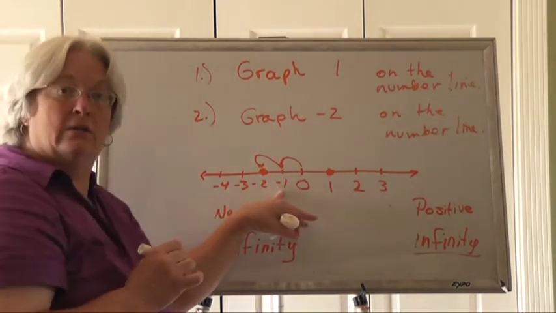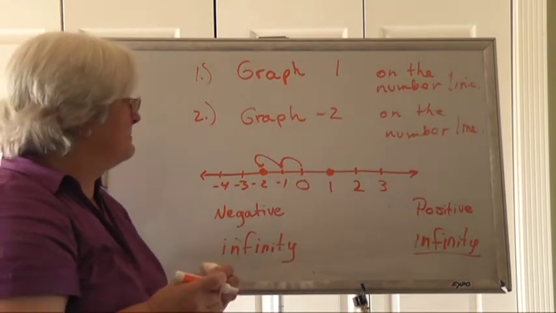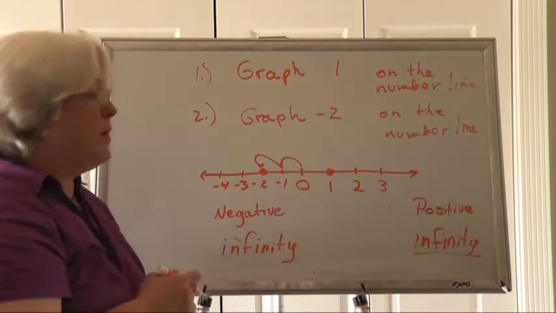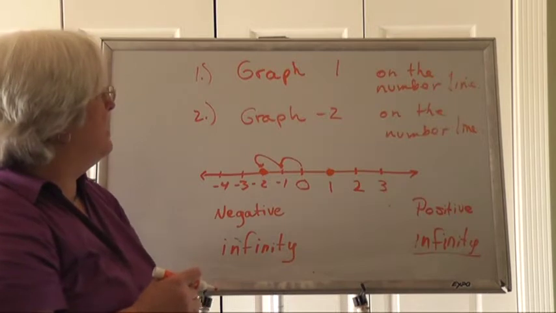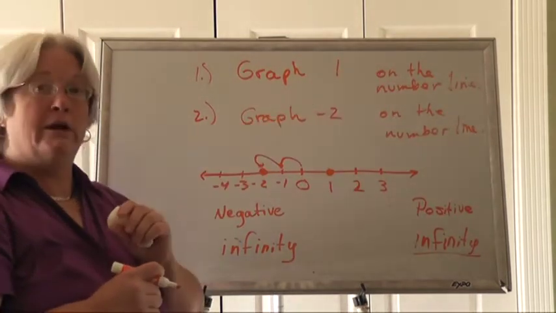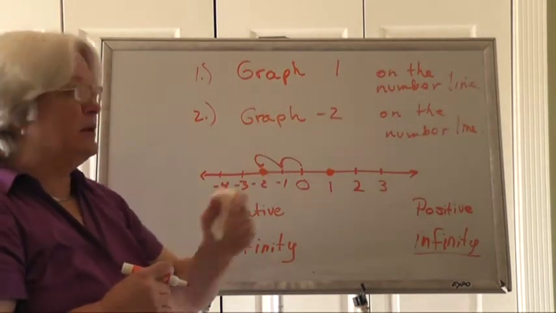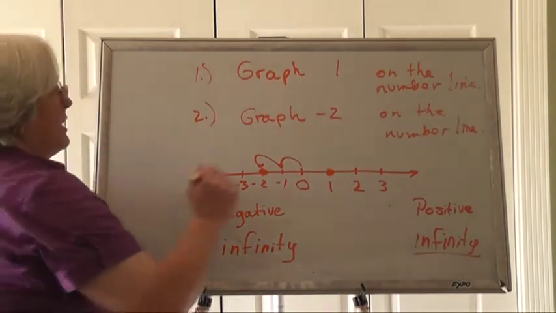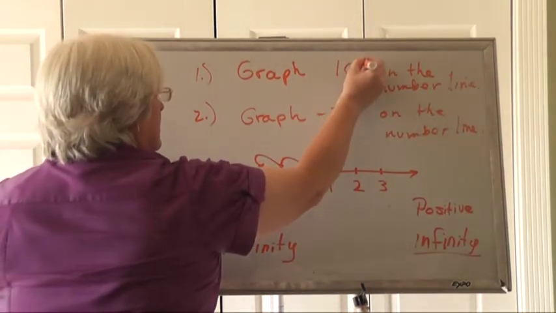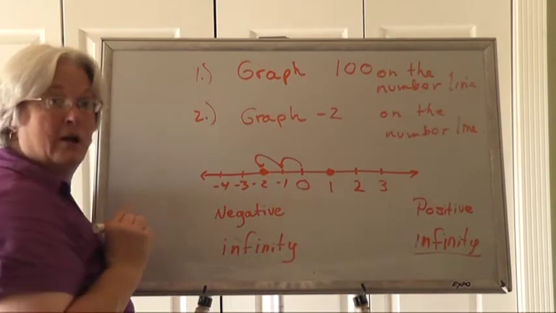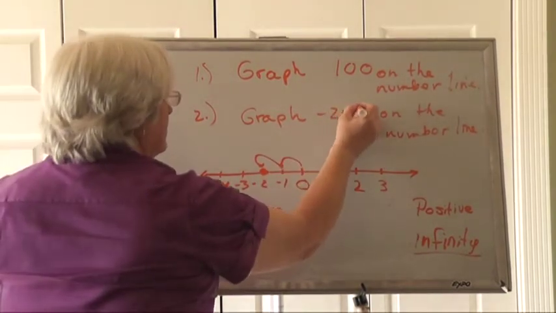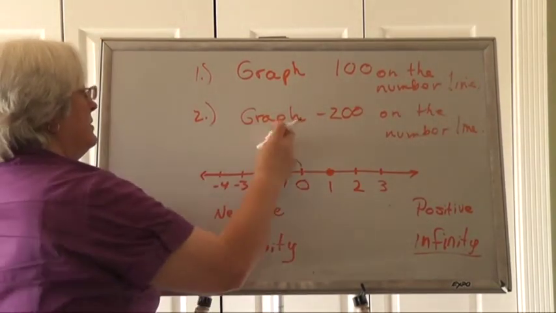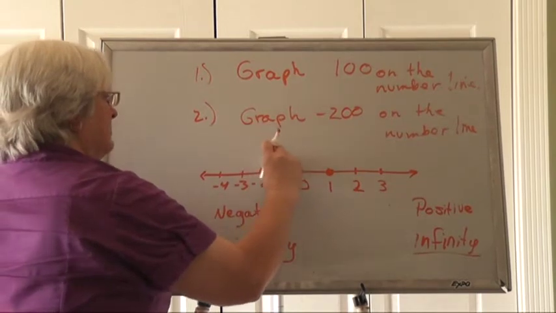You simply indicate that with a solid dot. Now you might think, well, what happens if instead of graphing 1 and graphing a -2 on the number line, our instructions said to graph 100 and then to graph a -200.